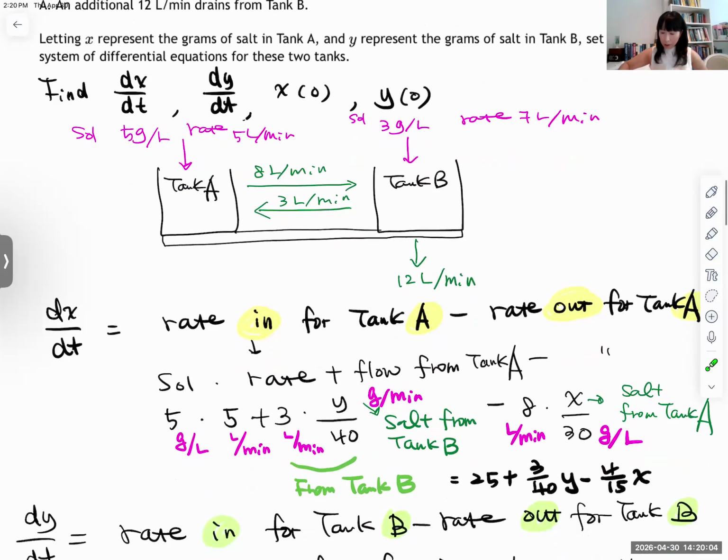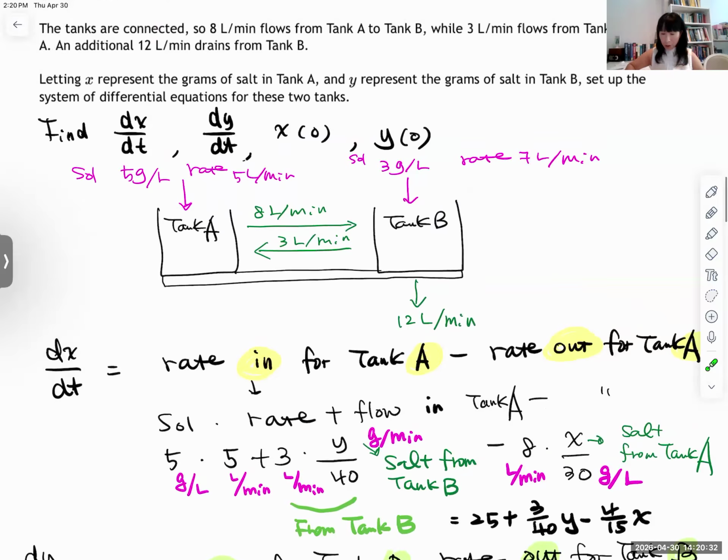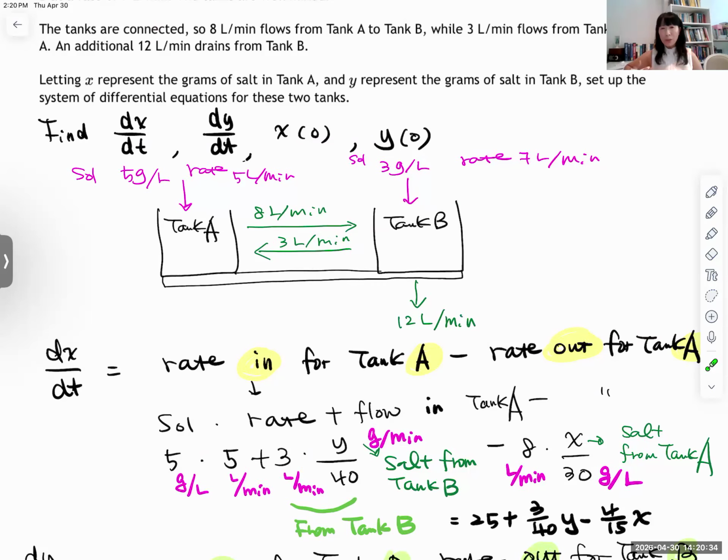So rate in: we have a solution times rate, plus the flow into tank A. The numbers repeat, so I put the units so that you don't get confused.